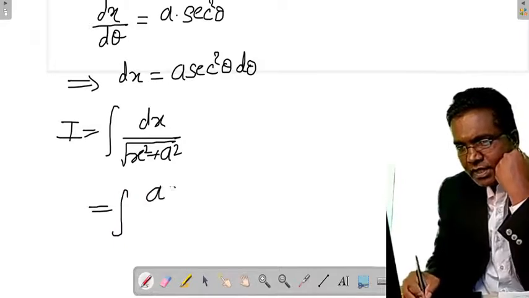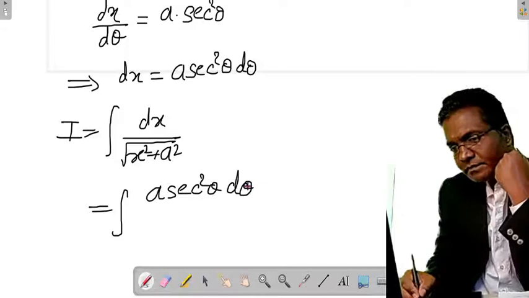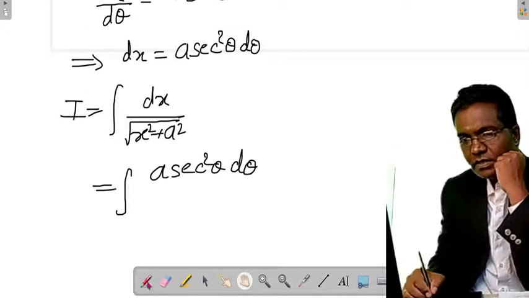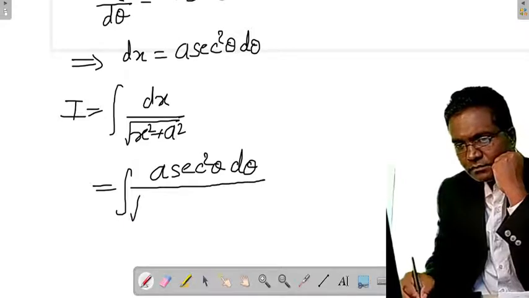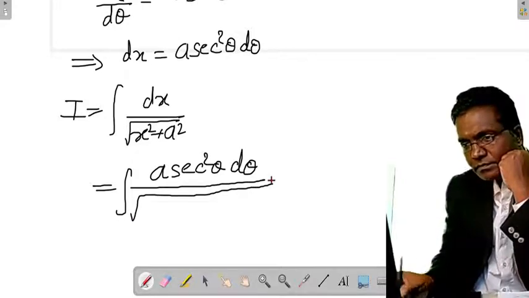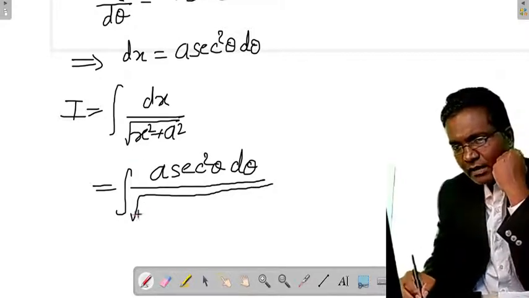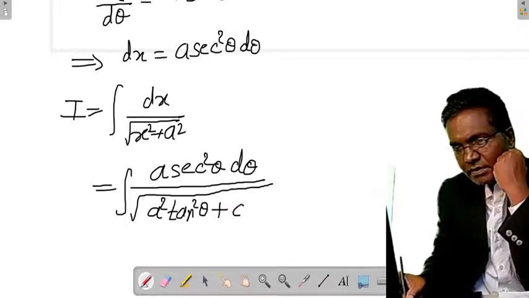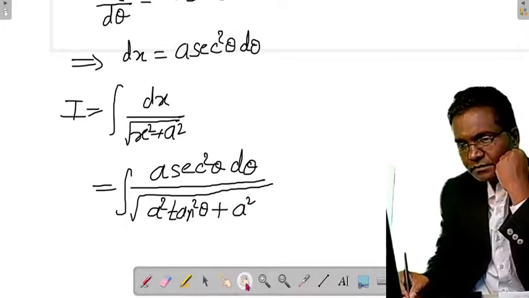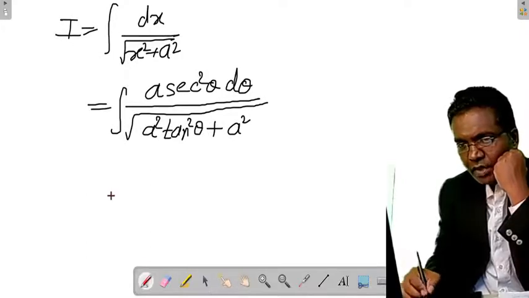Dx means a secant square theta d theta. In the denominator, square root of x square plus a square. X square means a square tan square theta plus a square. Okay.